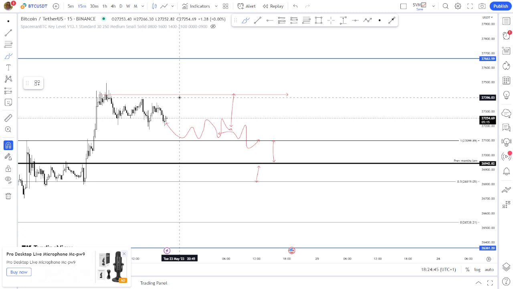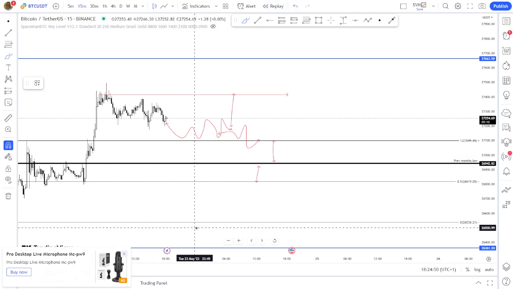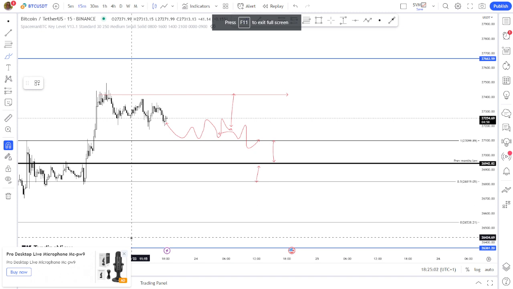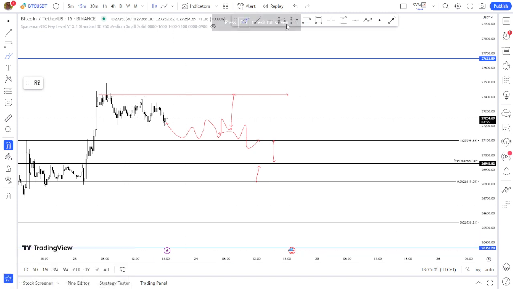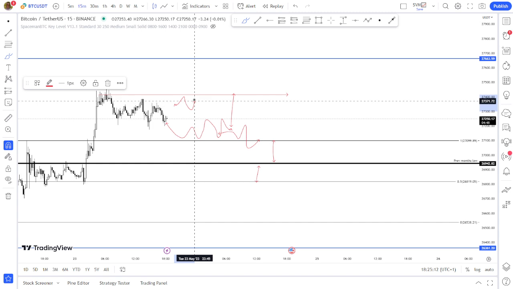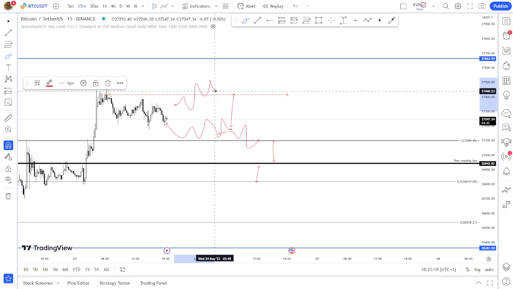So if it does something like this, let's ignore my lines for now, but the important thing is to understand the idea behind it.